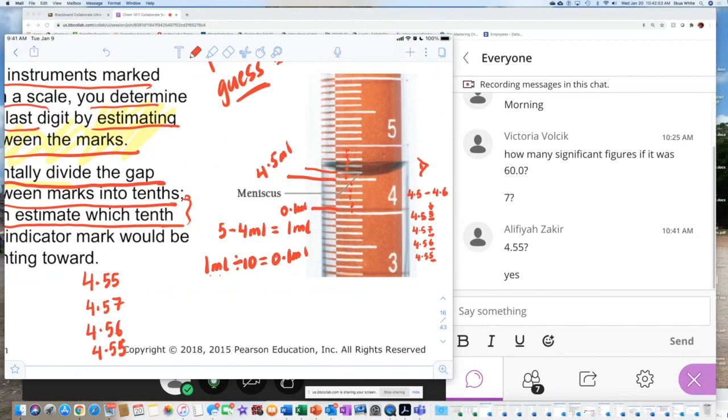So in rounding numbers, we are rounding off the estimated number, not the numbers that were certain. So please notice, here we have two parts of the number. The certain part was the 4.5. We all agree on the 4.5. There's no question about it because we actually have a mark for it. The number that comes after that, this number here, that's the uncertain number because we had to guess.